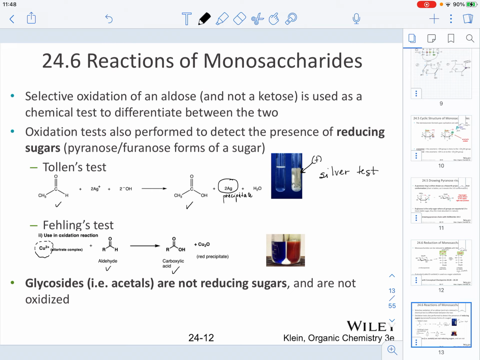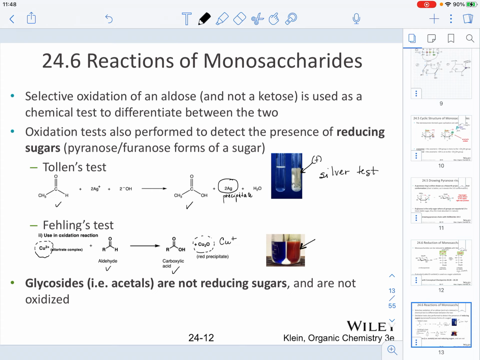And the copper 2 ion is going to undergo a reduction. We're going to go from copper 2 to copper 1. What results from that is that copper 1 oxide is going to create this compound that is reddish.